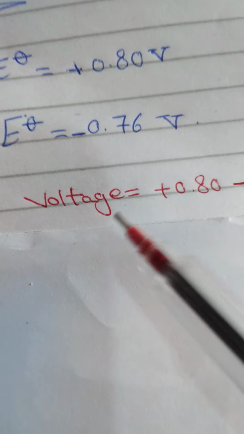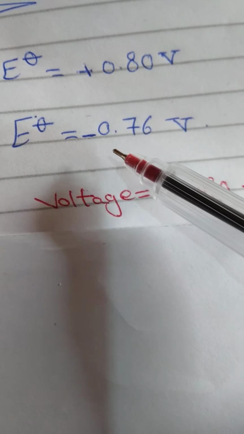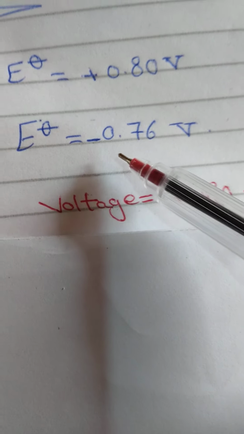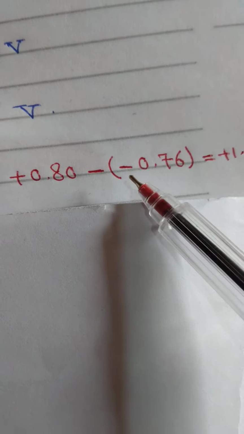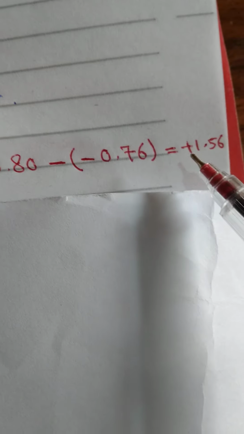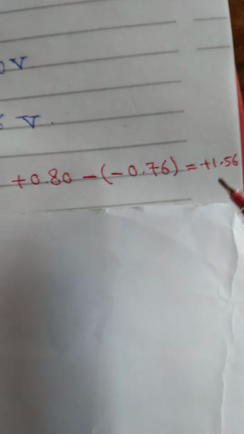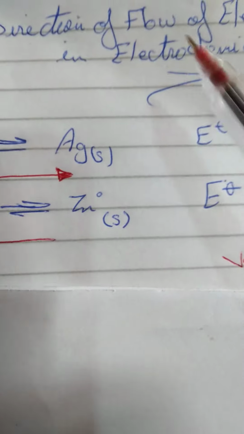It will equal the most positive minus the less positive or the negative E standard. So it will be plus 0.8 minus minus 0.76, so it will equal 1.56 volt. This is the net voltage produced by the electrochemical cell in which we have two half cells of silver system and zinc system.